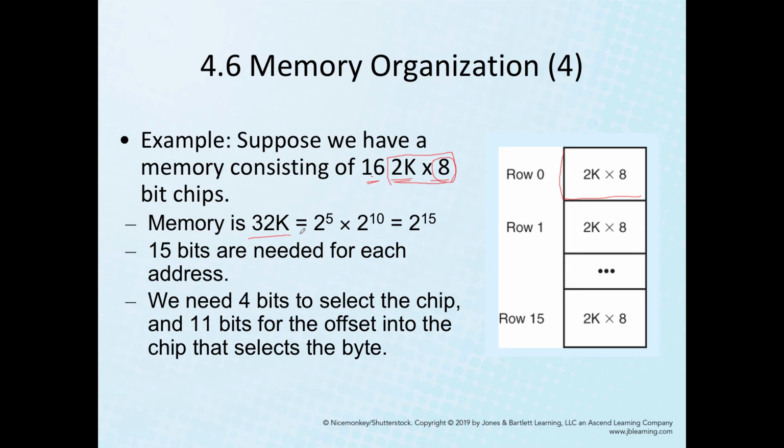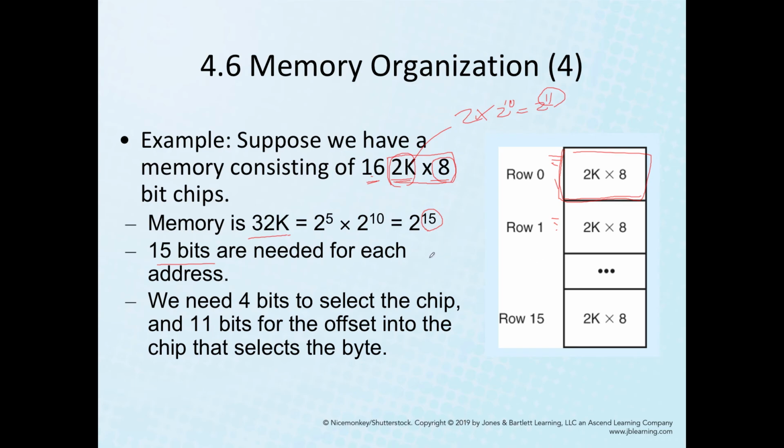For 32 kilobytes, we need 15 address lines because 2 to the 15 is 32 kilo. So we need 15 bits. But 2 kilo means 2 times 2 to the 10, which is 2 to the 11, so each memory chip needs 11 address bits, 11-bit address lines.